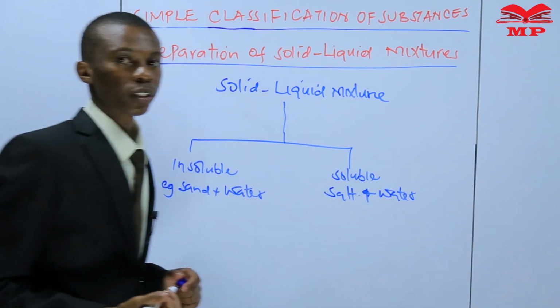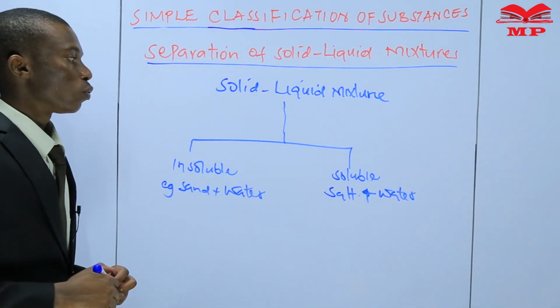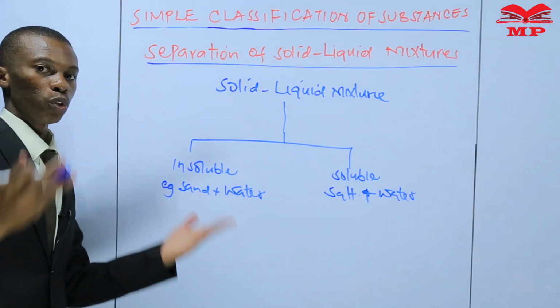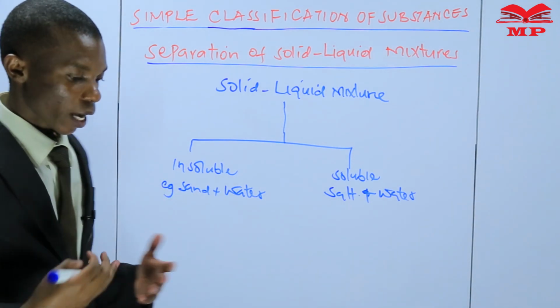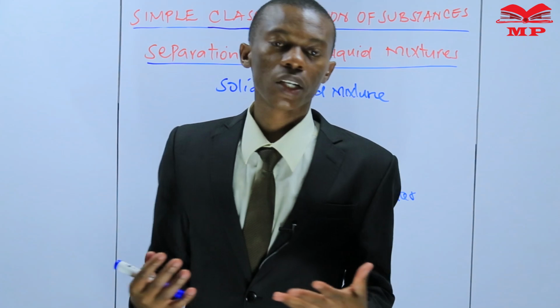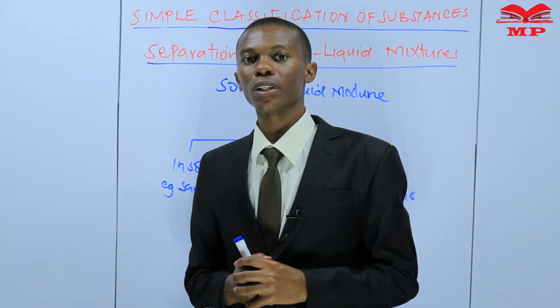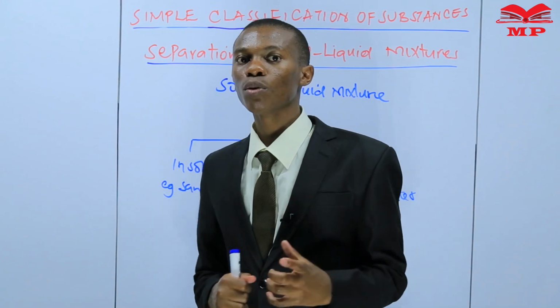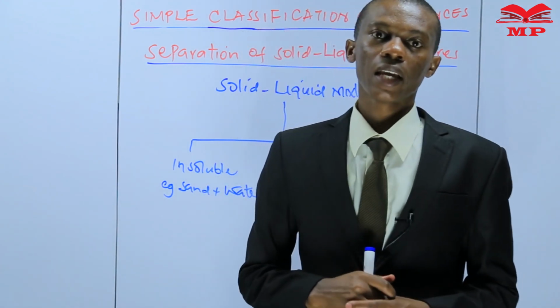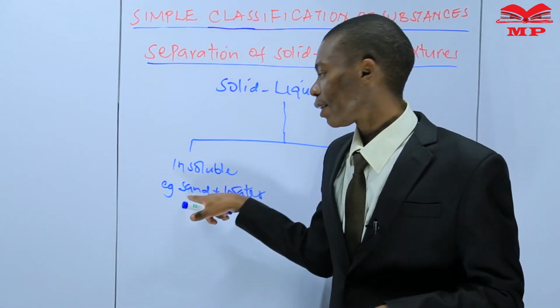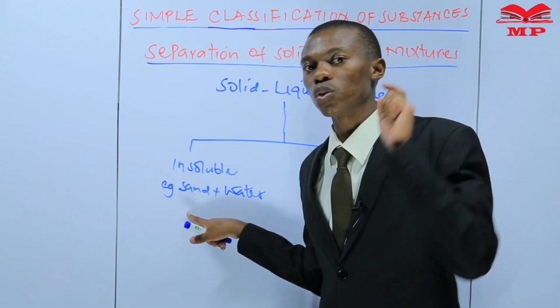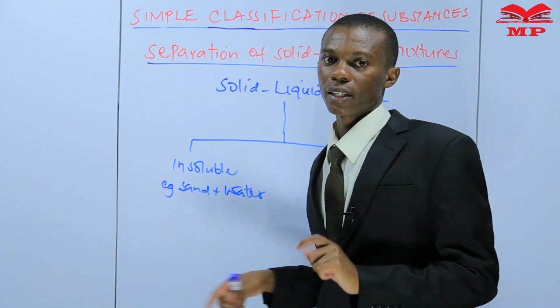When you put salt in water and stir, you are going to form a solution. Solids which do not dissolve in liquids are called insoluble solids, and sand is an example of those insoluble solids.